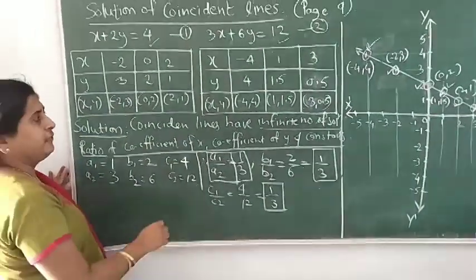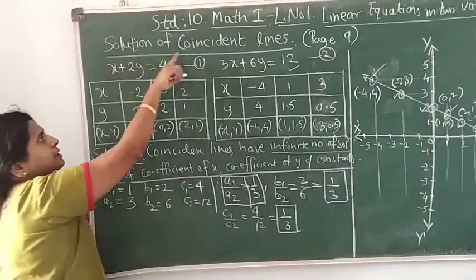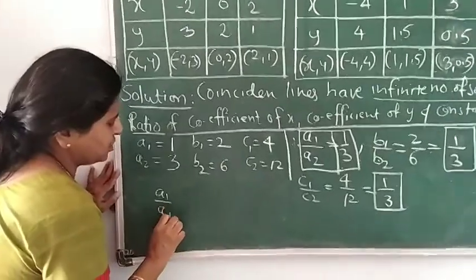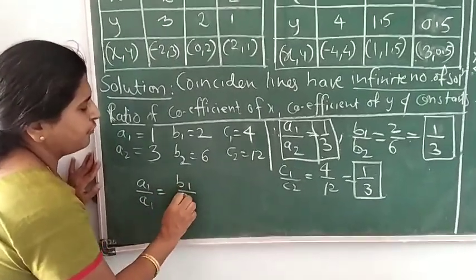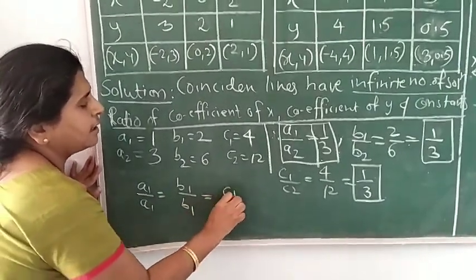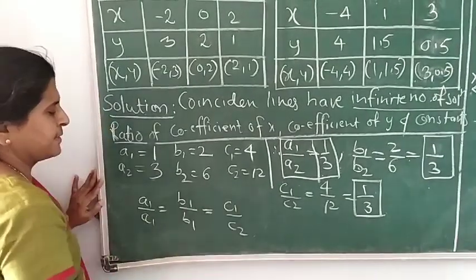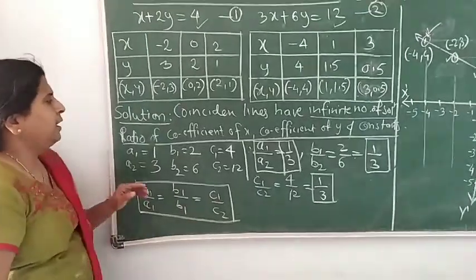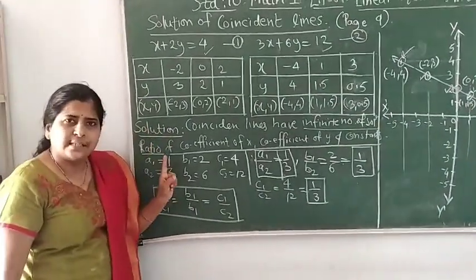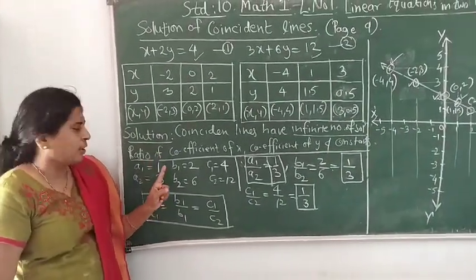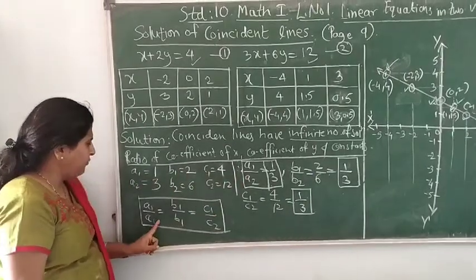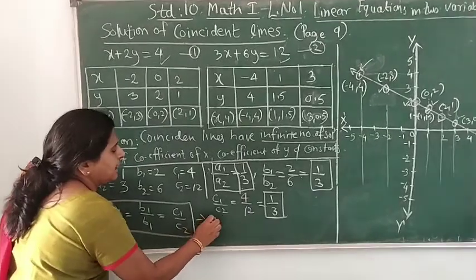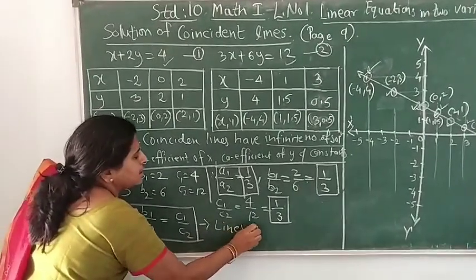So what did we find? We find that when the lines are coincident, the ratio of the coefficients of x is equal to the ratio of coefficients of y and the ratio of constants. So we get this conclusion. Or in other words, if we want to test whether lines are coincident or not, we can take such ratios, and if we find all three ratios are the same, then we can say the lines are coincident.